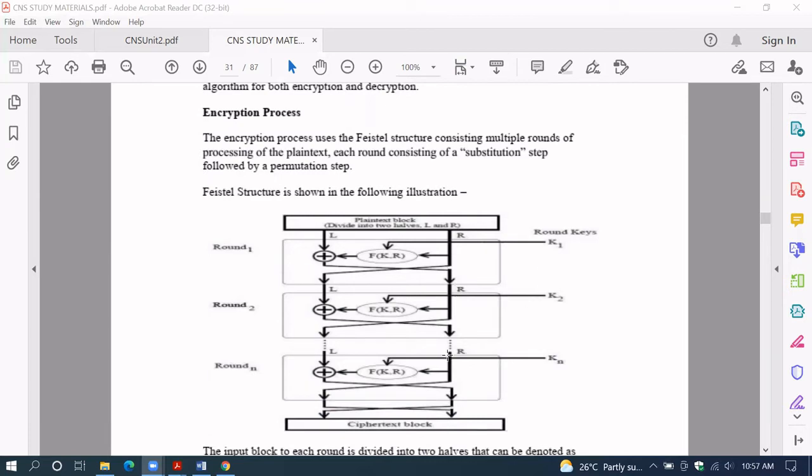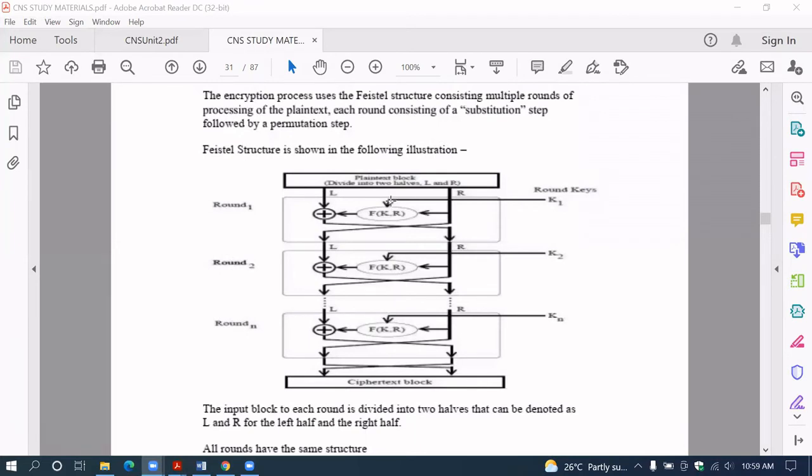In the encryption process, there can be different rounds, round 1, round 2, depending on the structure of the system. It uses the Feistel structure consisting of multiple rounds processing the plain text, because the plain text should be converted into a ciphertext, and each round constitutes a substitution step followed by a permutation step.